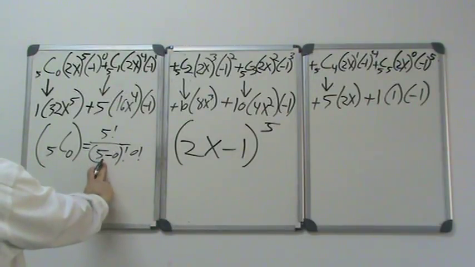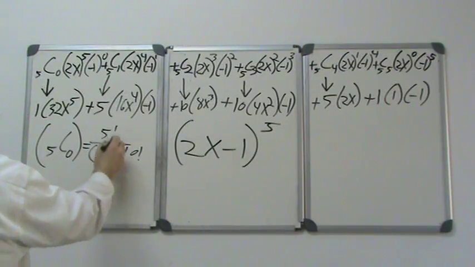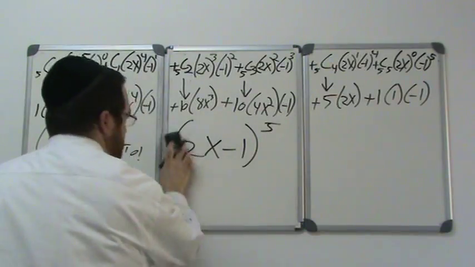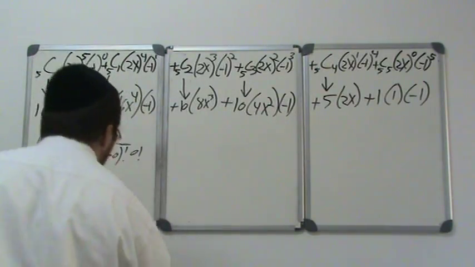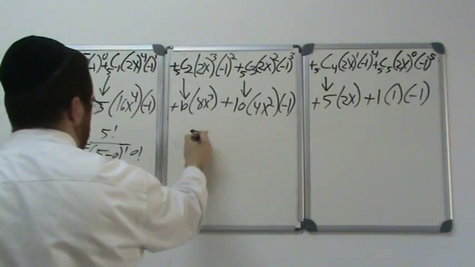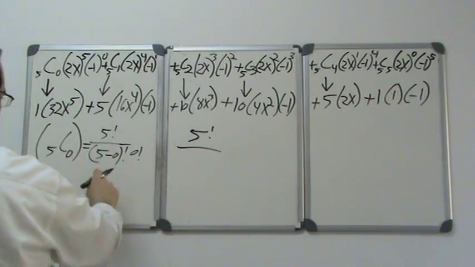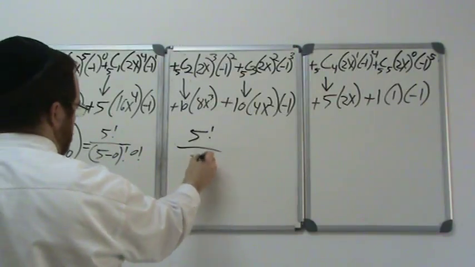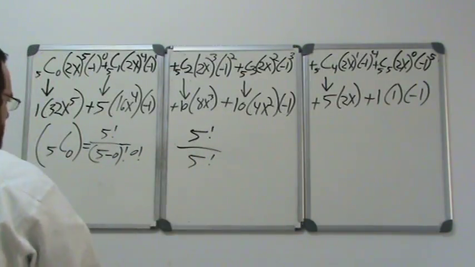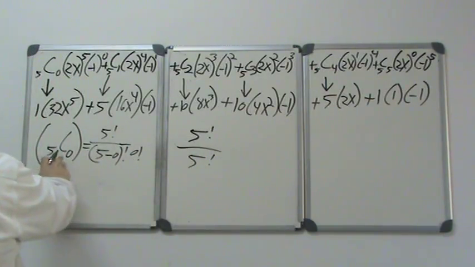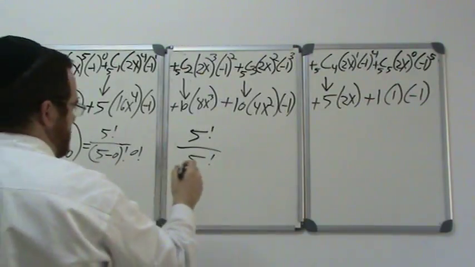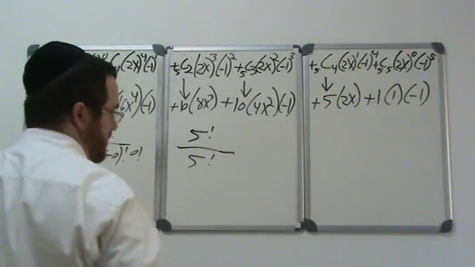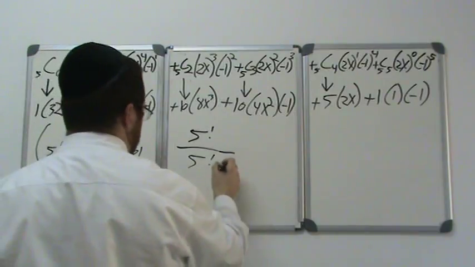So 5 minus 0 is 5. So this thing over here, 5 factorial is on top. 5 minus 0, and that whole thing is factorial, is equal to 5 factorial, times 0 factorial, since you take the combination 0 times. 0 factorial is always equal to 1.